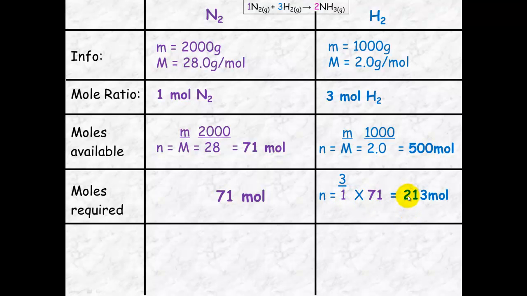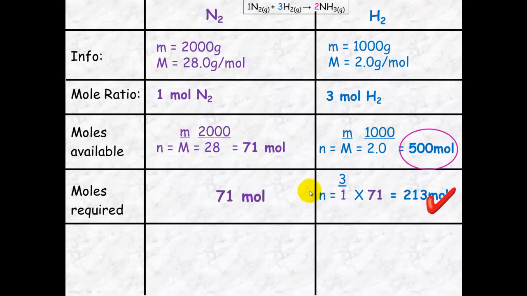I'll need 213 mole of hydrogen to react with 71 mole of nitrogen. It's a 1:3 ratio, so this is 3 times as much hydrogen is required as nitrogen. Do I have this much hydrogen? I've got 500 altogether, so yes, I do have that much hydrogen.